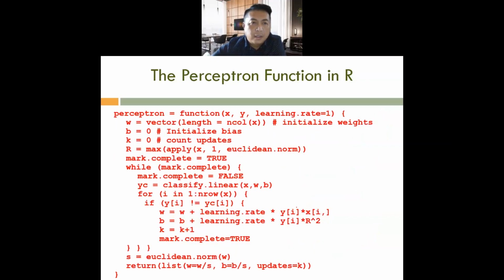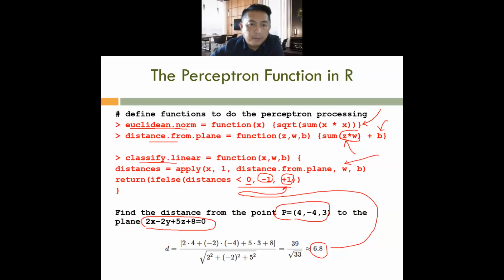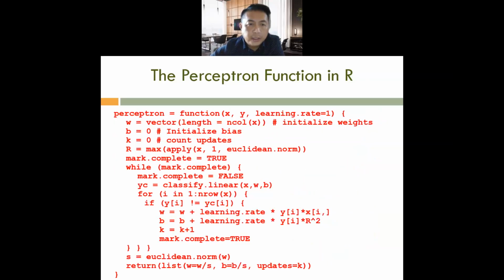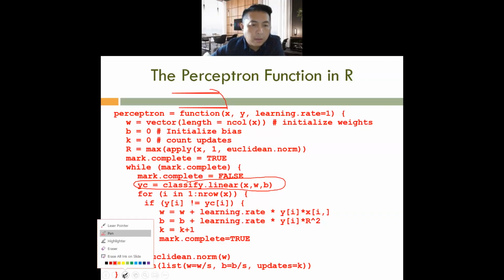So the function that we have here, the linear classifier, is used in here. So this is the perceptron program. What happens is you pass in all the input that you have.